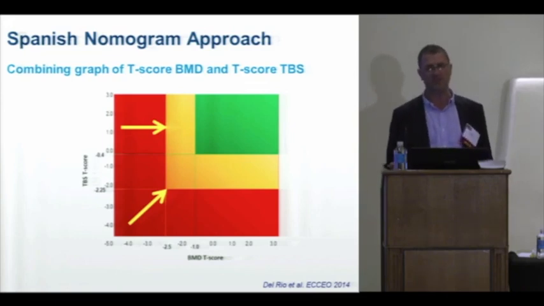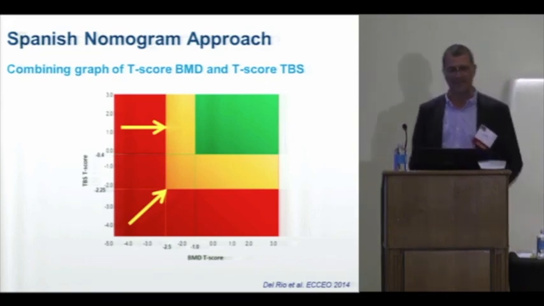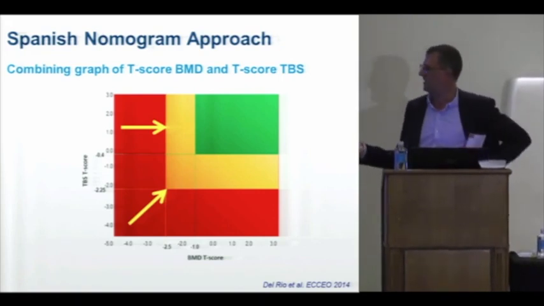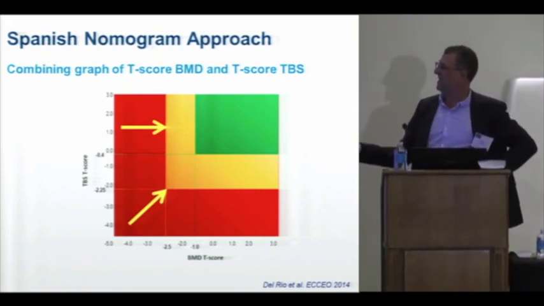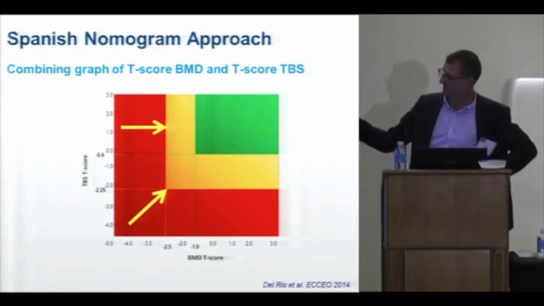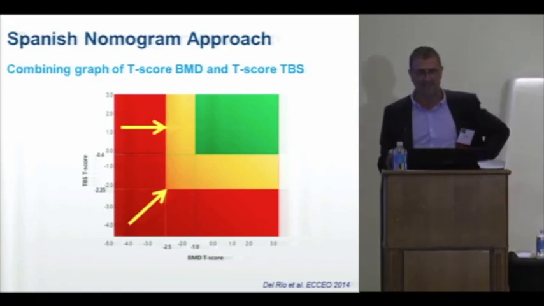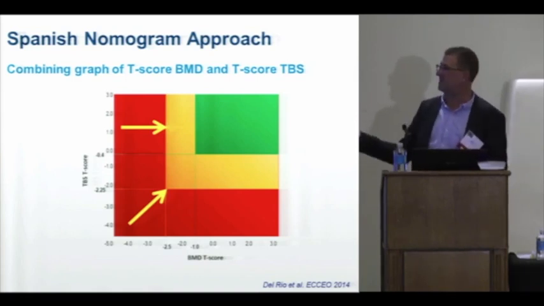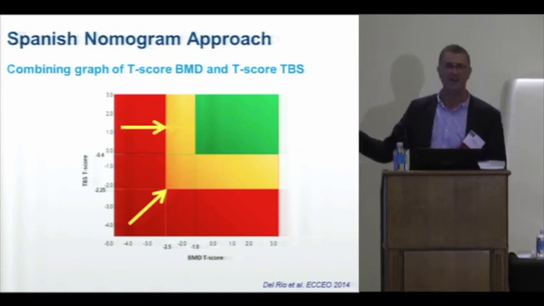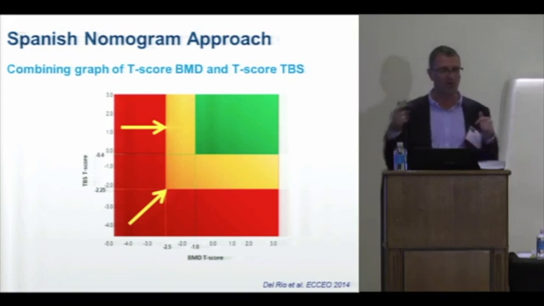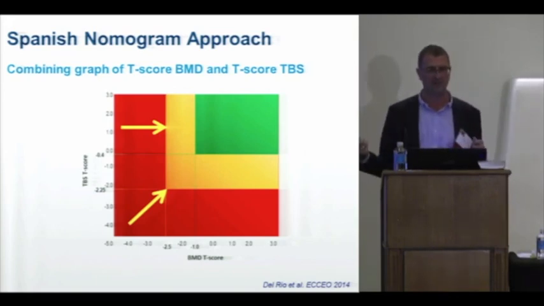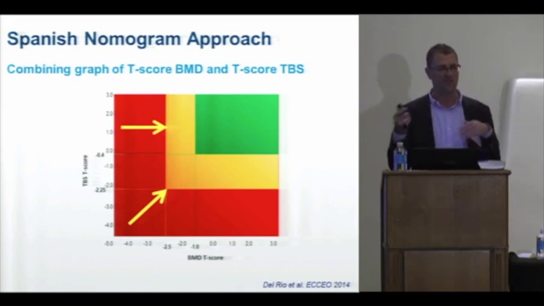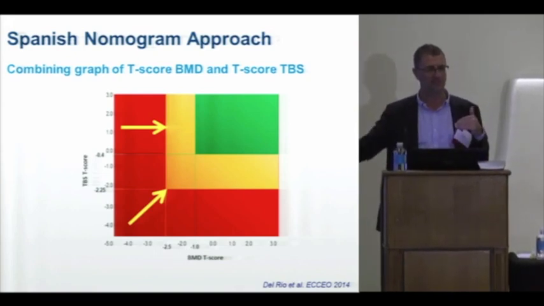There is a Spanish approach that is working on it. They decided to combine a T-score approach, using the BMD T-score and the TBS T-score. They found that depending on whether you have a low TBS or low BMD, you may end up in a high-risk group. They also use that when giving treatment, because they look at how the patient evolves over time.